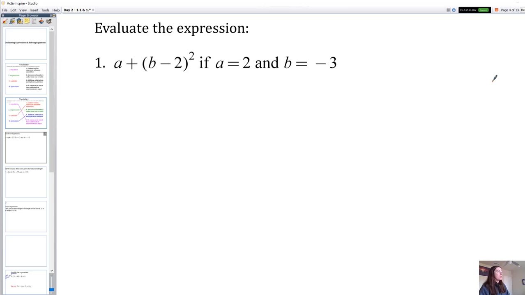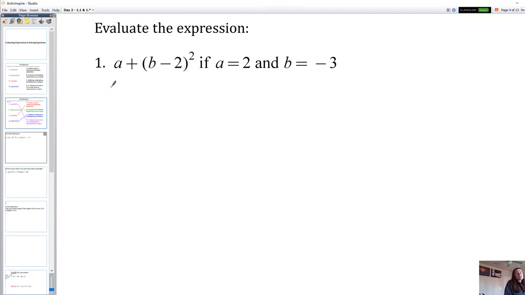So we've got this variable a and a variable b, and we know the quantities of those variables. So anywhere I see an a, I'm going to put 2 because I know that a is equal to 2. And anywhere I see b, I know I'm going to plug in negative 3 because b is equal to negative 3.